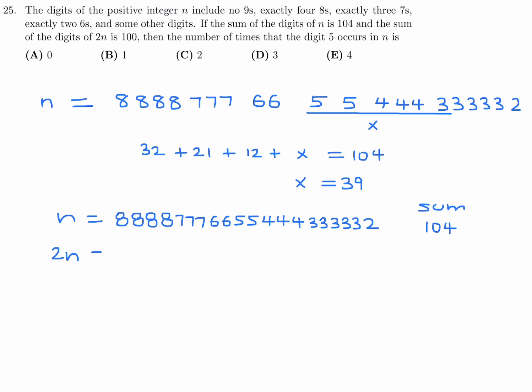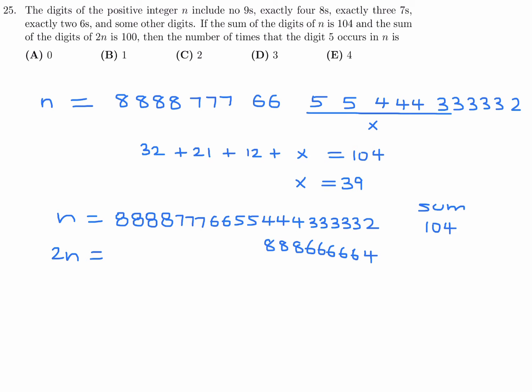But now I'm interested in 2n. Well, you obviously can't put this in a calculator, but you can do this, right? It's not hard. Multiplying by 2: 6, 6, 6, 6, 6, 8, 8, 8.